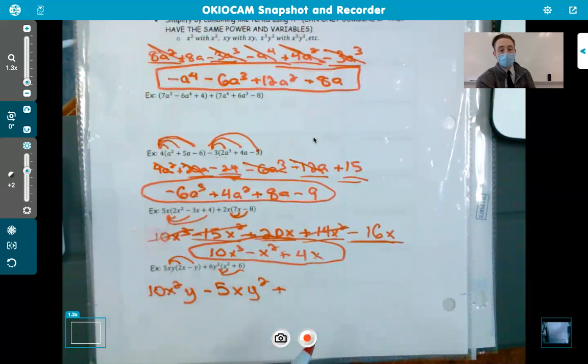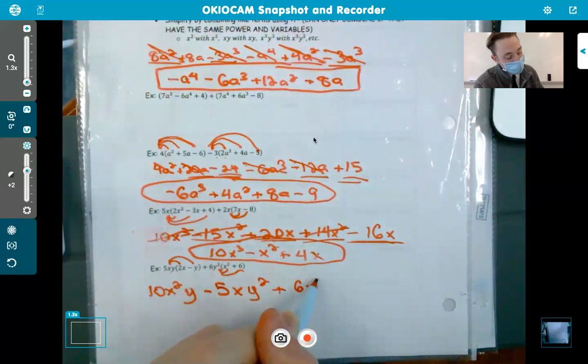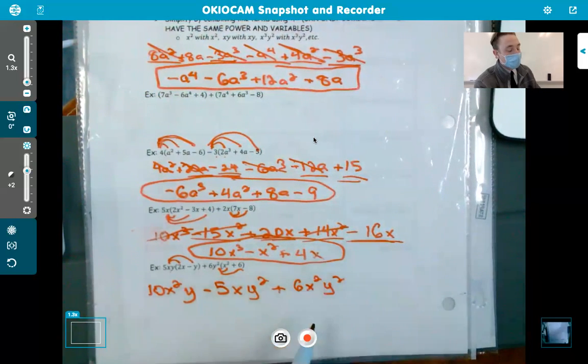Is there anything for me to combine? No, right? So I just leave it as is, 6x squared y squared. Make sure that you write it in alphabetical order too. The x's always come before the y's.